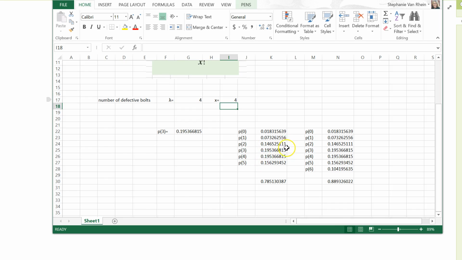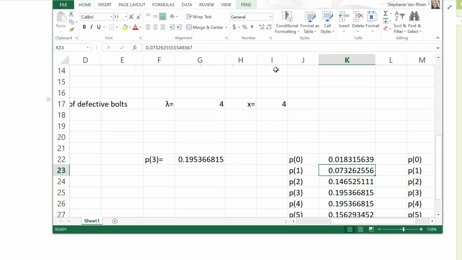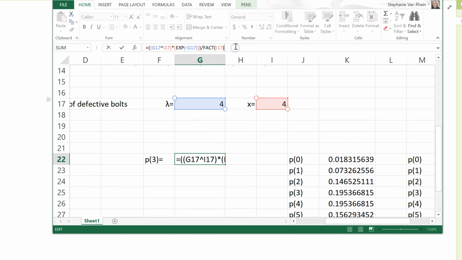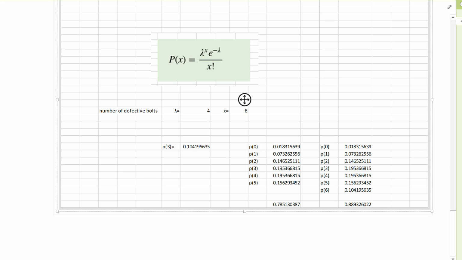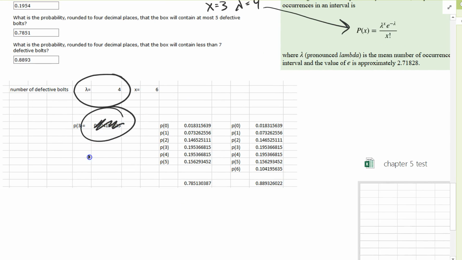Probability lambda is 3, 2, 1. This would be the formula in Excel that does my calculations for lambda and x. You can also hold that in your calculator. Doing problems like this would be 0.1954.